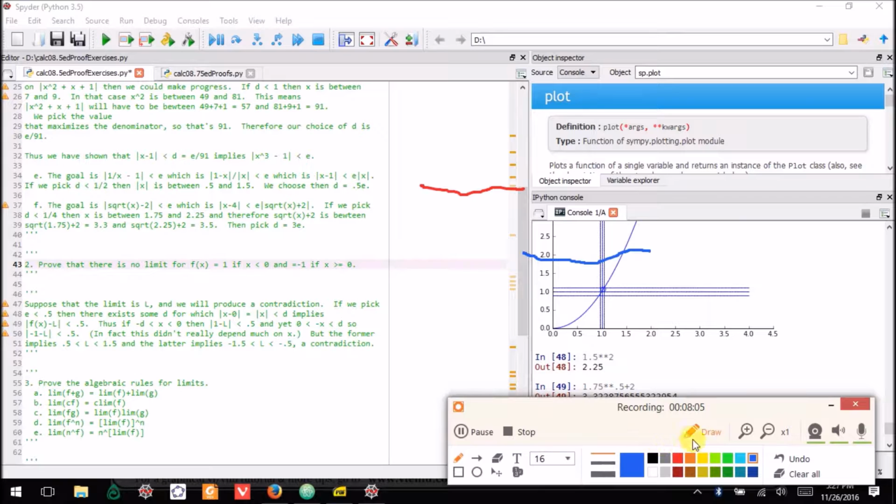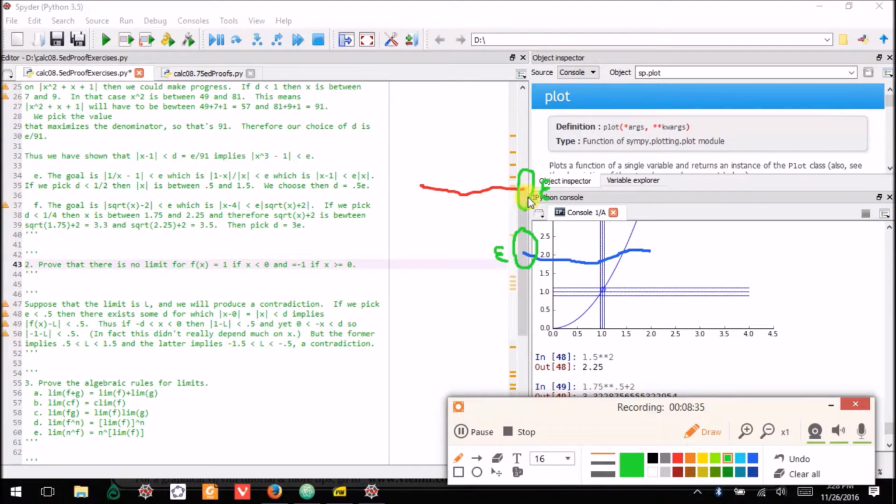And so what I'm going to exploit is the fact that if I make my e equal to 0.5, if I assume that the limit exists, then I can put bounds around that limit wherever it is. And I know that it must be within a distance of the function value here. It must be within e up here, and it must be within a distance of e, or epsilon, down here as well.